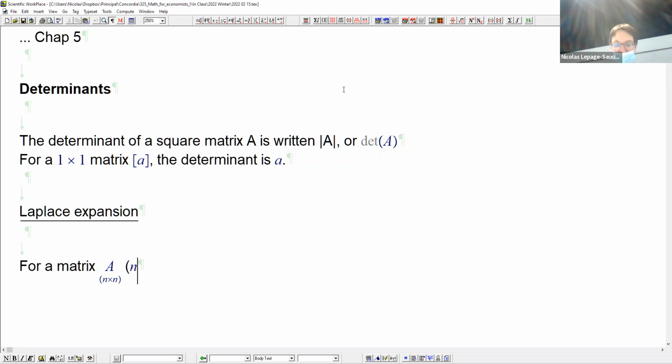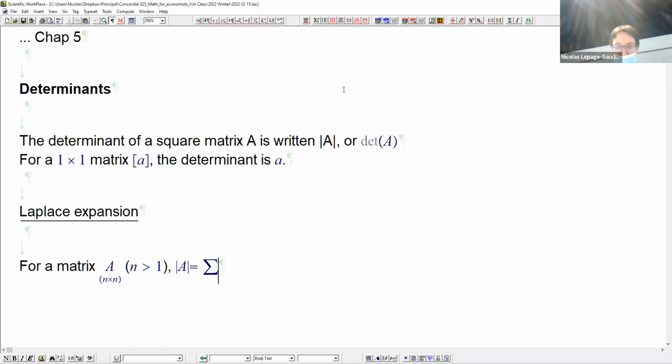And we're going to have that n is greater than 1, because you cannot really have a whole big expansion with a single term in it. So here's how we're going to compute the determinant. You might remember from last class how we did things. Well, it's the same thing, I'm just rewriting it in a formal way.